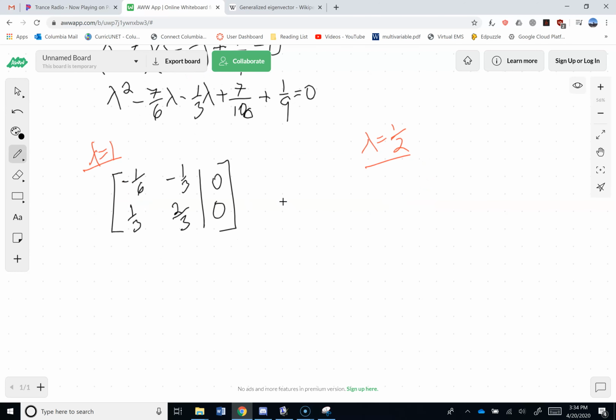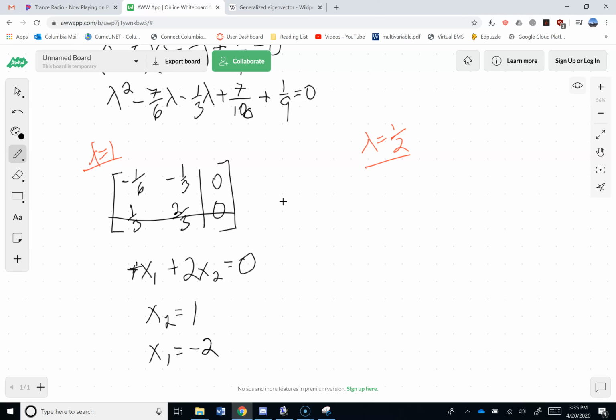And so in this case, I think I end up with the idea that minus x1 minus 2x2 is 0. Because, again, the bottom row in this case is redundant with the top row. It's -2 times the top row. And I guess I can flip the signs. So that would tell me that if x2 is 1, then x1 is -2.